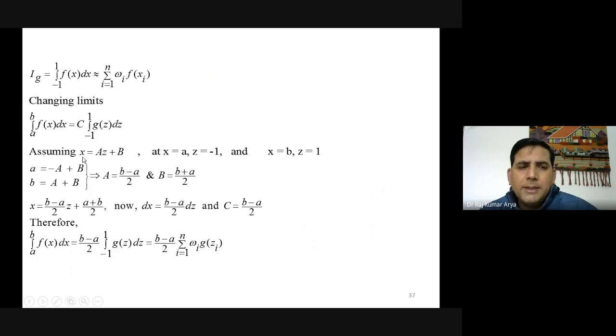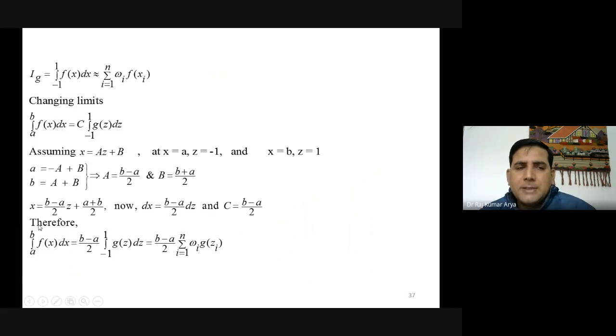So you wrote here x equal to az plus b, and let's say x equal to a, your z is -1, x equal to b, z is the previous one only. We are talking about the previous one. So by putting these boundaries, you got a equal to this, b equal to this, finally you got x equal to this one. From here dx you got this, so this constant, whatever is coming, is your c only. That's what I wrote here, c.